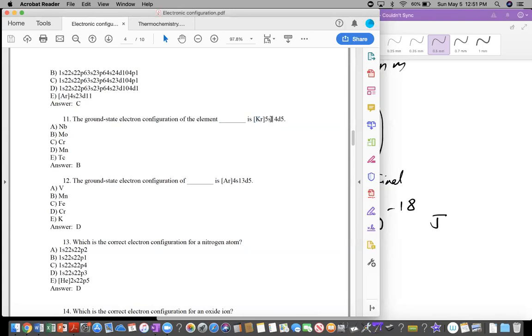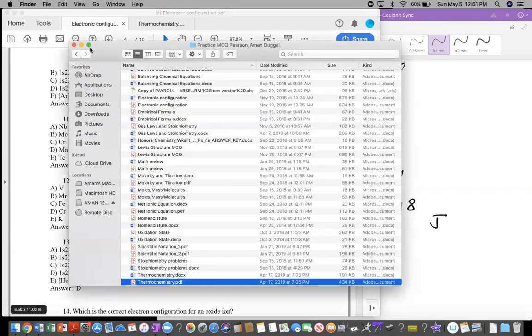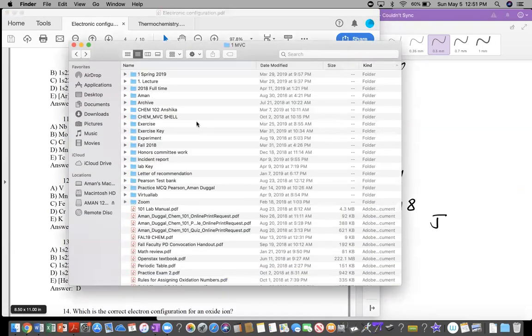And then this has 1 electron in 5s and 5 in 4d. So krypton has 36 plus 6, right? 1 plus 5 is 6. 36 plus 6 is 42. So who has atomic number 42 on the periodic table? Molybdenum, Mo.